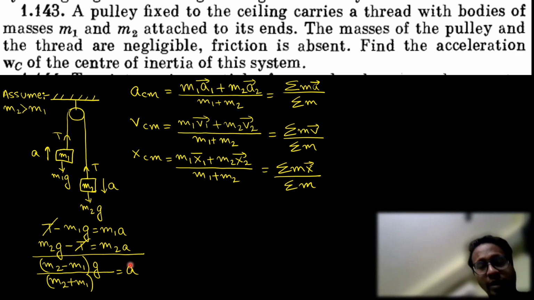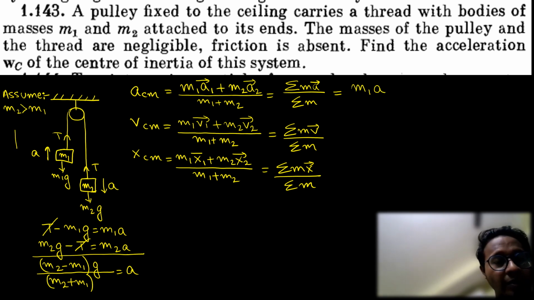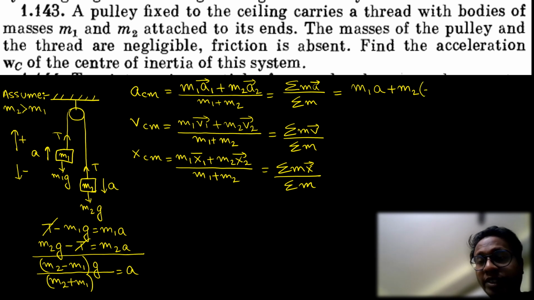Now what the question is saying is, this acceleration is the acceleration of body 2 and body 1, and I need to find the acceleration of center of mass. So the acceleration of center of mass is nothing but mass 1 into acceleration 1. If you consider upward to be positive and downward to be negative, the acceleration of mass m1 is positive, plus m2 into the acceleration of mass m2, which is negative.